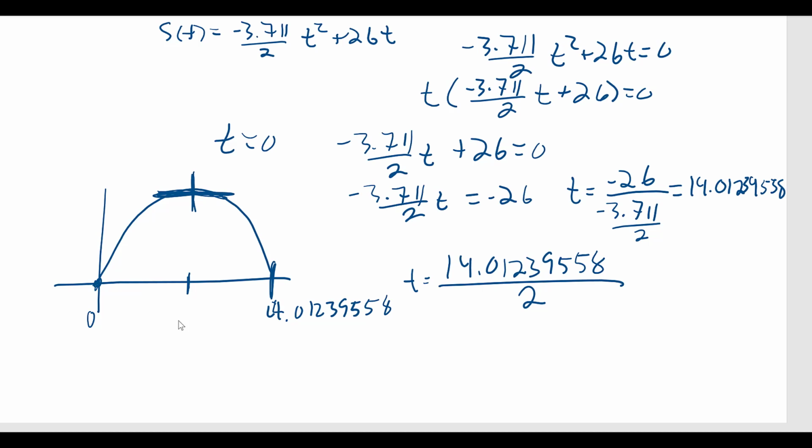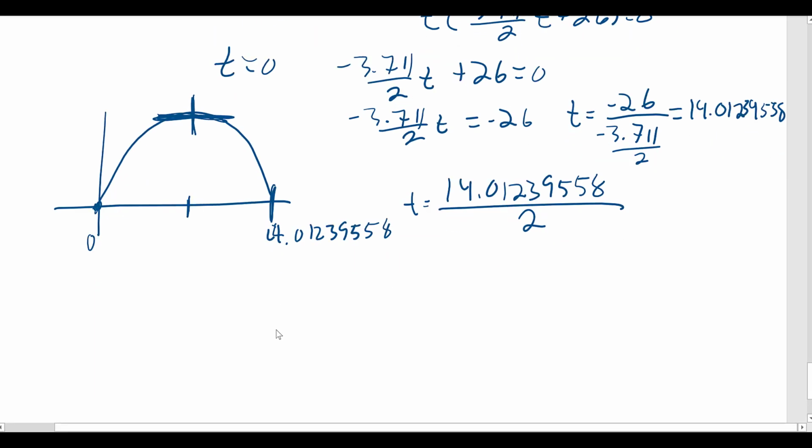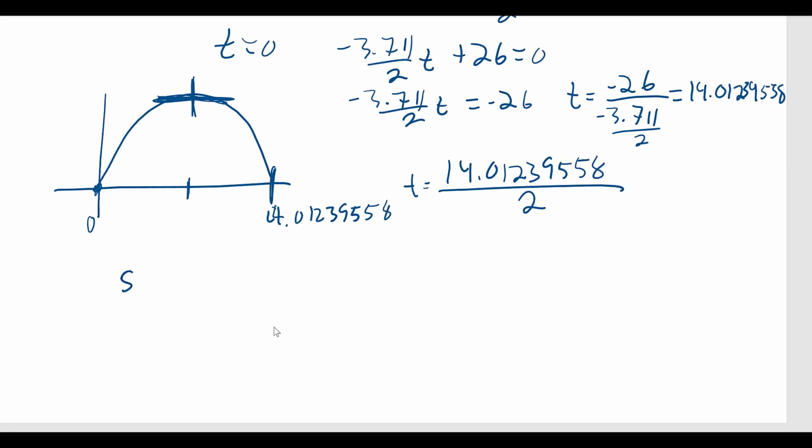Then we're going to take that number, 7.00619779, and put it into s of that number. Again, I would recommend getting that stored in the calculator; I'm on the TI-84.